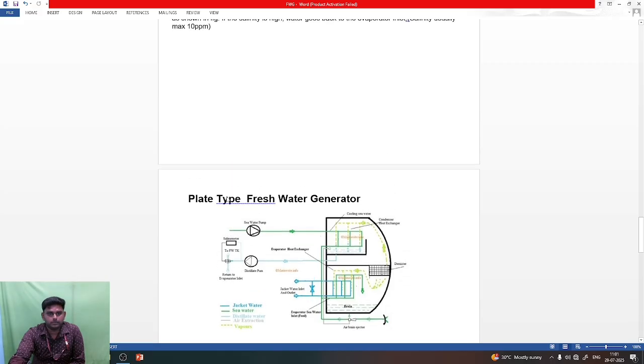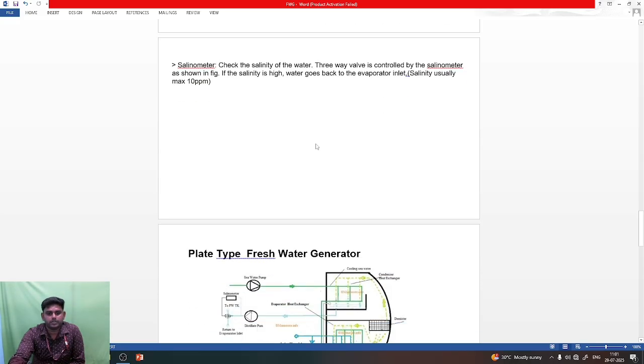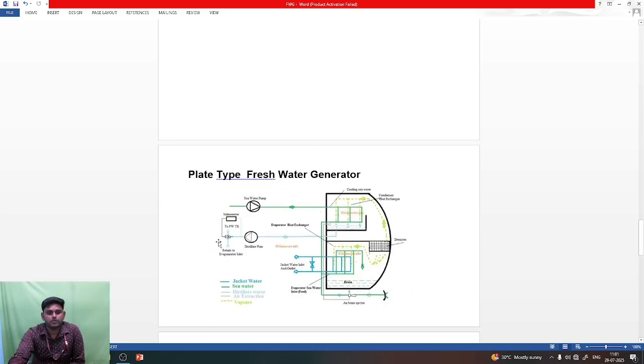We already saw that the salinometer's purpose is to check the salinity of the water. The three-way valve is controlled by the salinometer, and once the salinometer sets the ppm high, the three-way valve is activated.